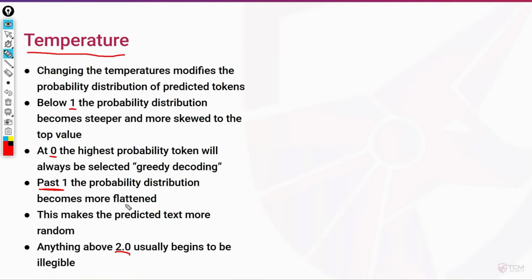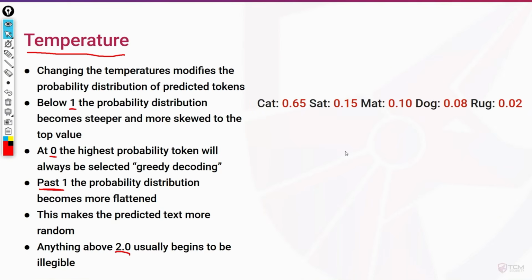So let's consider a very small sample of words. Imagine we have a 5 token vocabulary: cat, sat, mat, dog, and rug. We can think of these as the probabilities assigned to these tokens after it comes all the way out of the LLM after the activation is done. Let's say this is at a temperature of 1 right here.